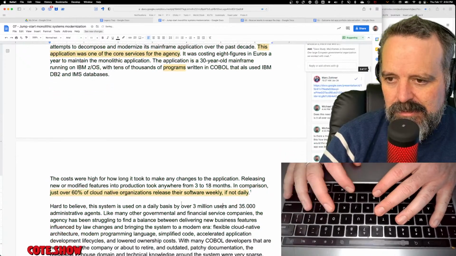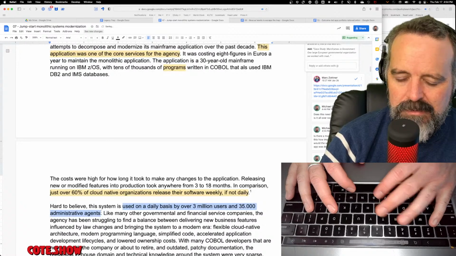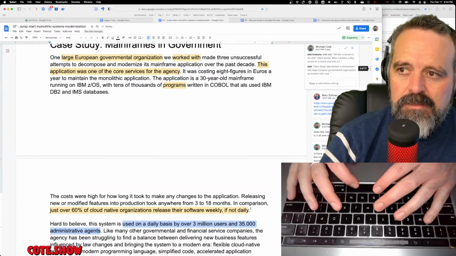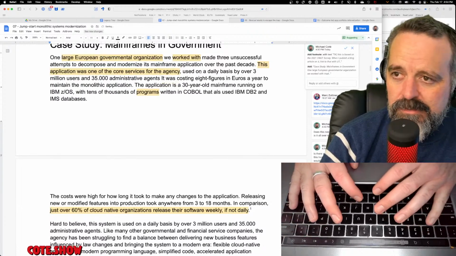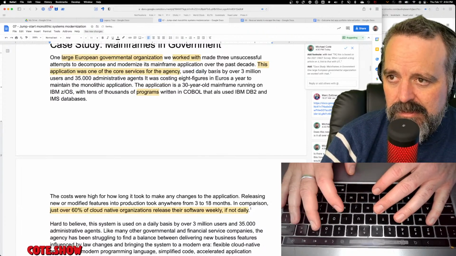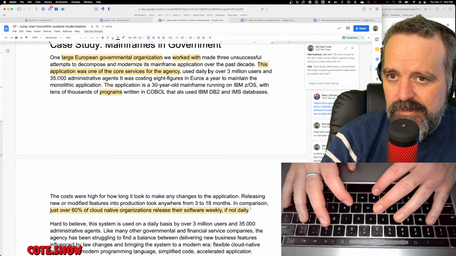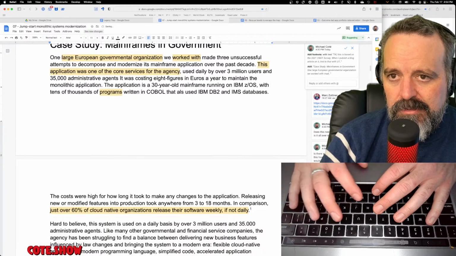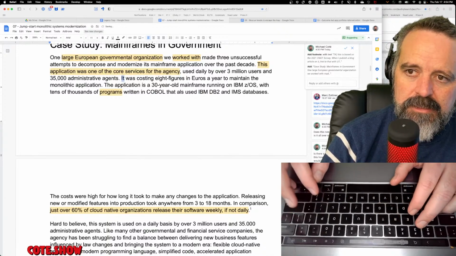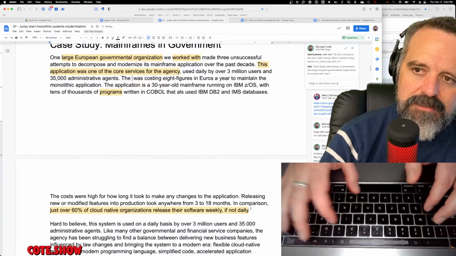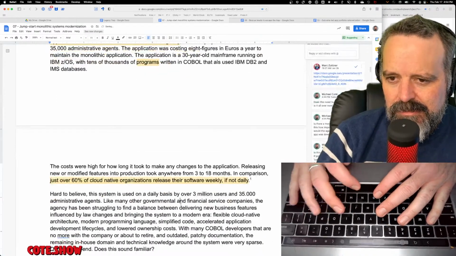Let's see. Used daily by 3 million users. And here, you know, you don't want to use it too much over and over, the application. So let's move this.